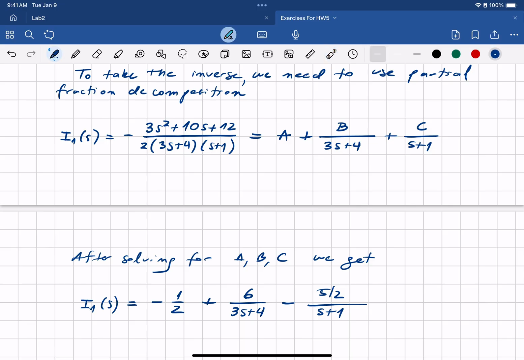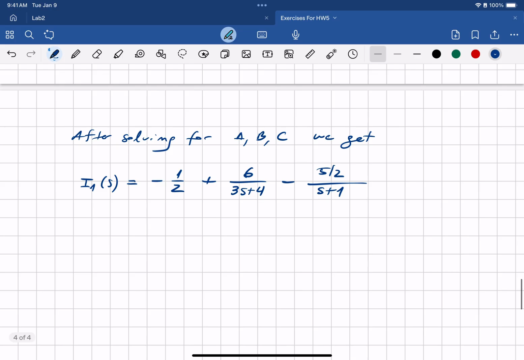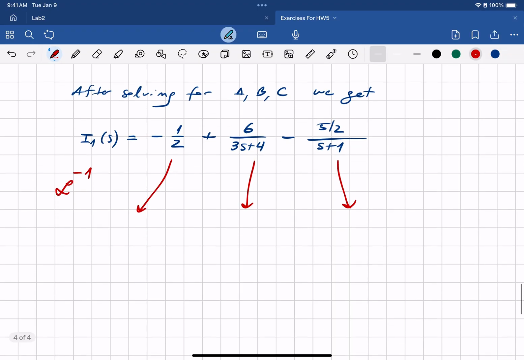Okay. We have that, and finally, now we take, let's use another color, the inverse Laplace. So each term is going to have one specific value. This one is minus 1 over 2 delta of t.